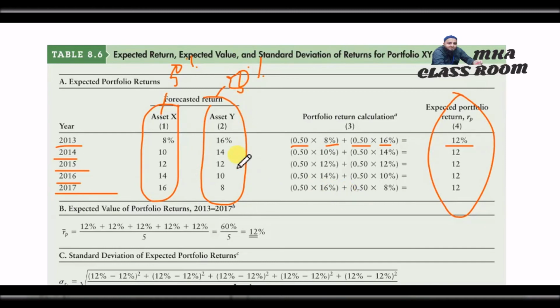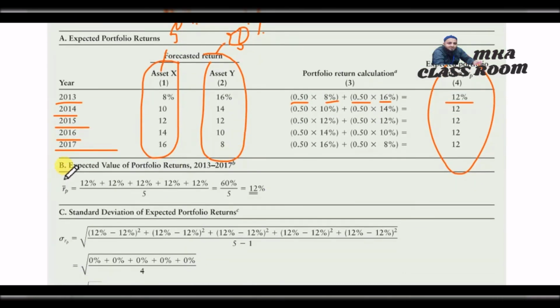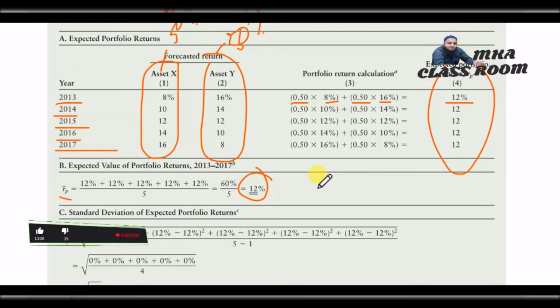Now you have to calculate the portfolio standard deviation. Here there is no probability, so we use the equal probability formula. We add each of them and divide by the number of years, that means 5 years, so our expected return is also 12%.